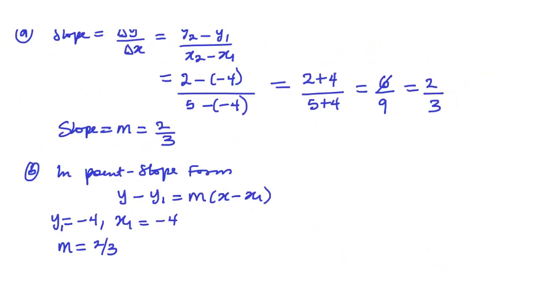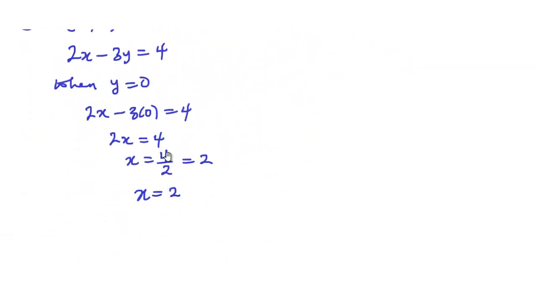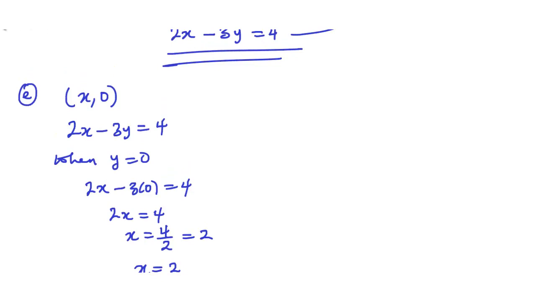So let's look at the y-intercept. So for the y-intercept, let me put it here, side by side. That is f. For y-intercept, that is the value of y when x is equal to 0, that's 0 comma y. So we now say we have 2x minus 3y is equal to 4.